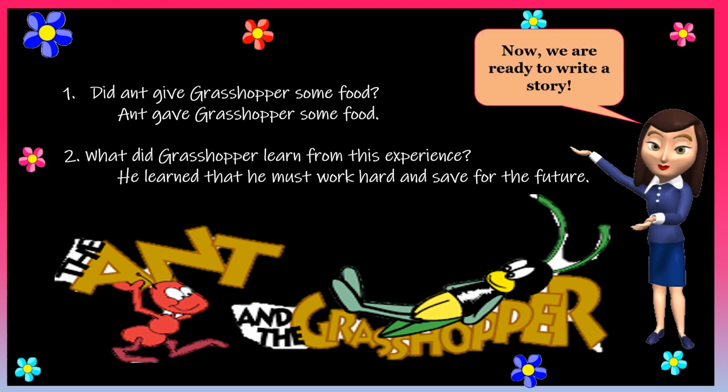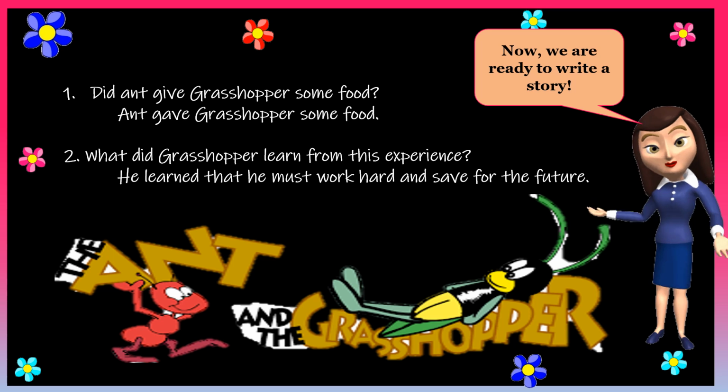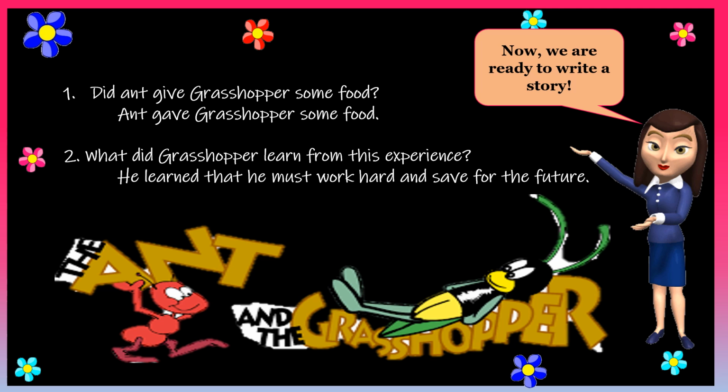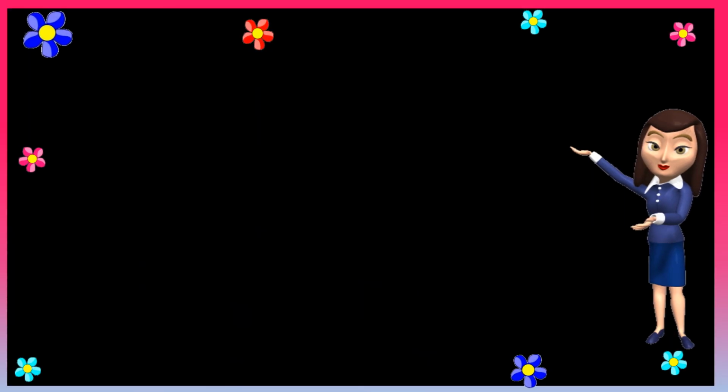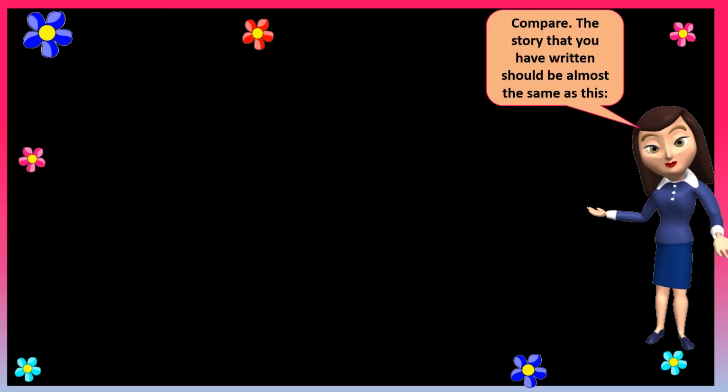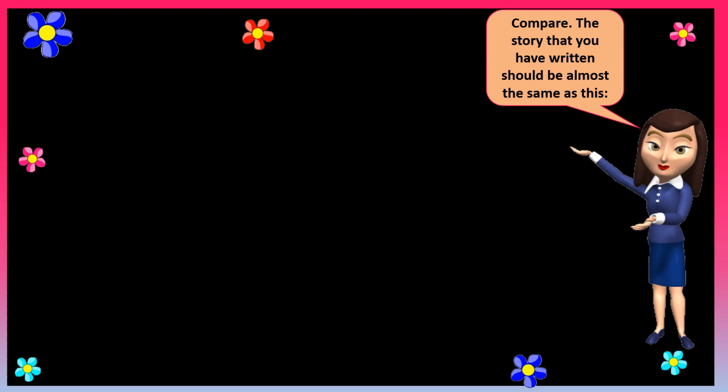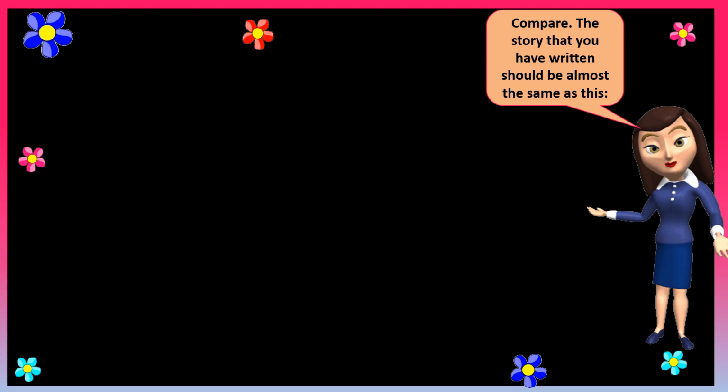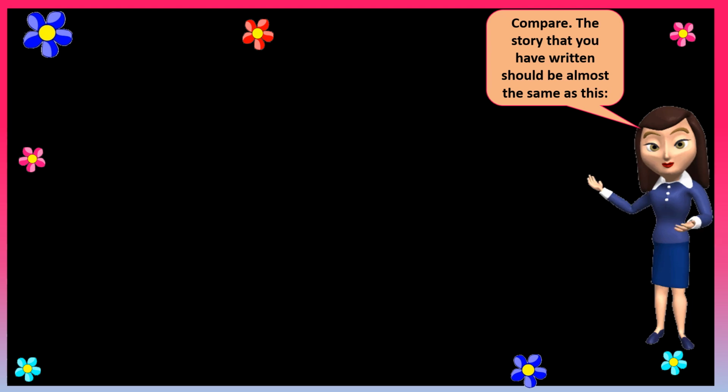So now we are ready to write the story. Oh, I'm excited, so come on, let's go. So let's compare. The story that you have written should be almost the same as this.